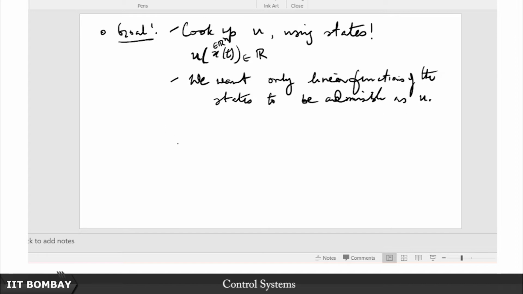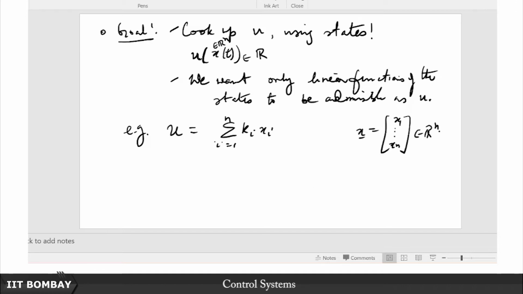So what is a typical linear function of the states? Something like summation k_i x_i, i going from 1 through n, where of course x is given by x1 dot dot dot till xn. So this is the type of control law we are looking at.